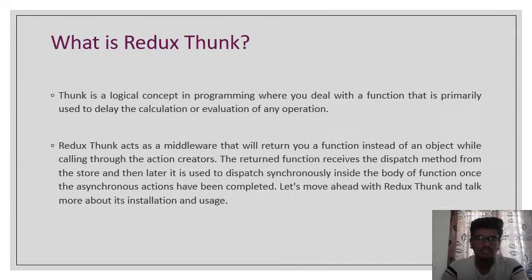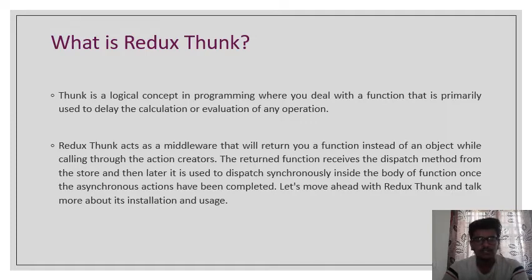So what is Redux Thunk? Thunk is a logical concept in programming where you deal with a function that is primarily used to delay the calculation or evaluation of any operation. Redux Thunk acts as a middleware that will return you a function instead of an object while calling through the action creators.